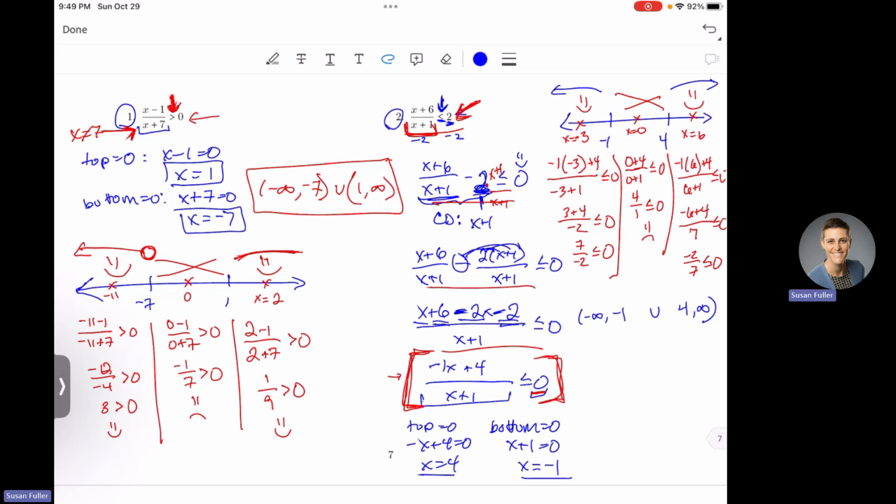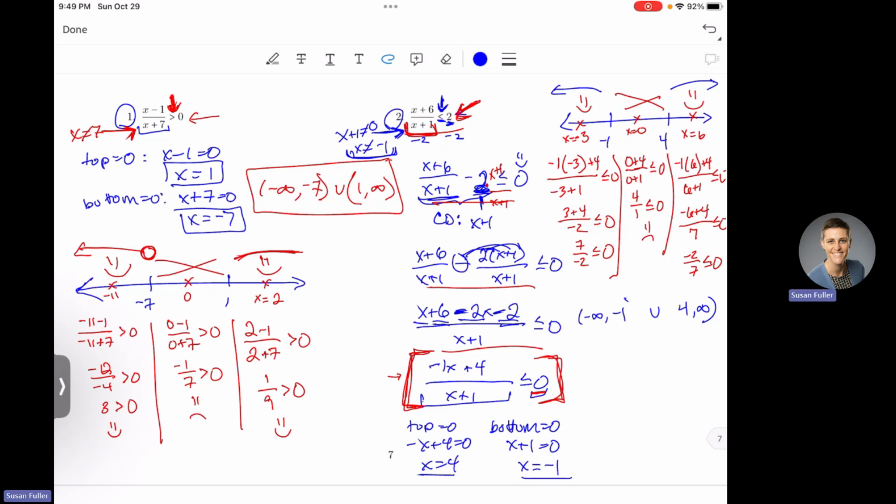Except we have to be careful with our domain. The domain down here says that x plus 1 cannot be equal to 0, which means x cannot be equal to -1. So I don't care what my inequality says. I cannot let x equal -1 because I would really love for my brain not to explode.